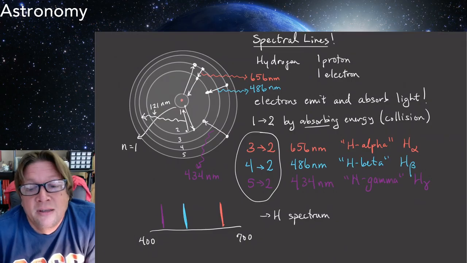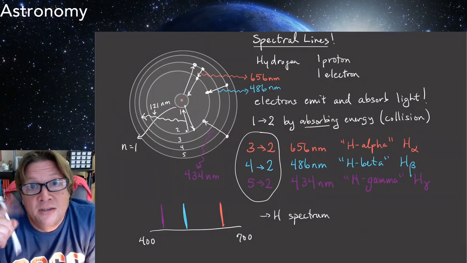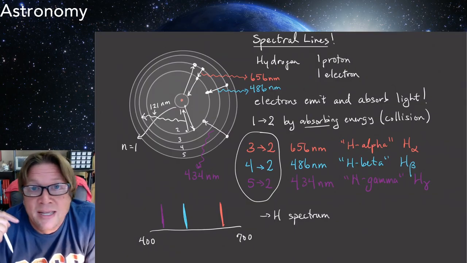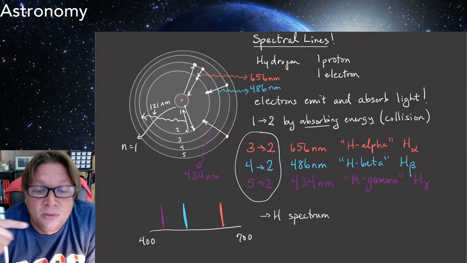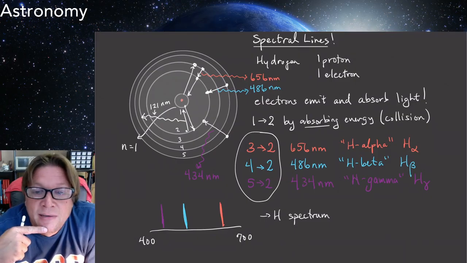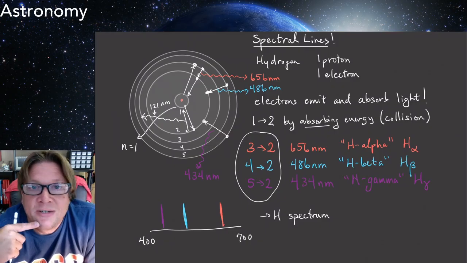It's like a fingerprint. This is amazing because this means that when we look at a star and we see a particular set of lines, in this lab you're going to go through and see the different spectra made by mercury and neon and sodium and so on. Each one has its own little fingerprint, its own little barcode. Then we know what elements are present, right? This is called spectroscopy.